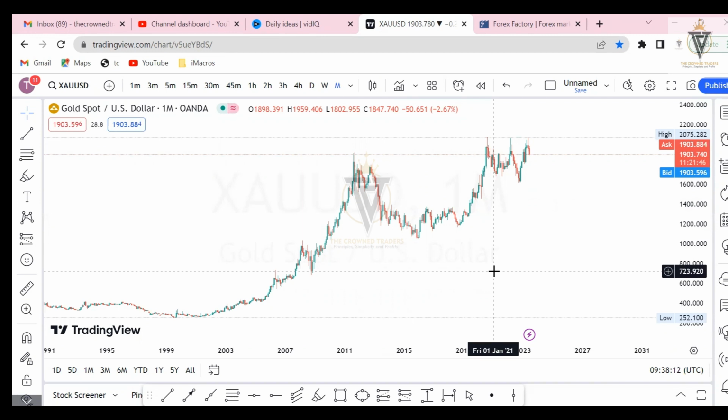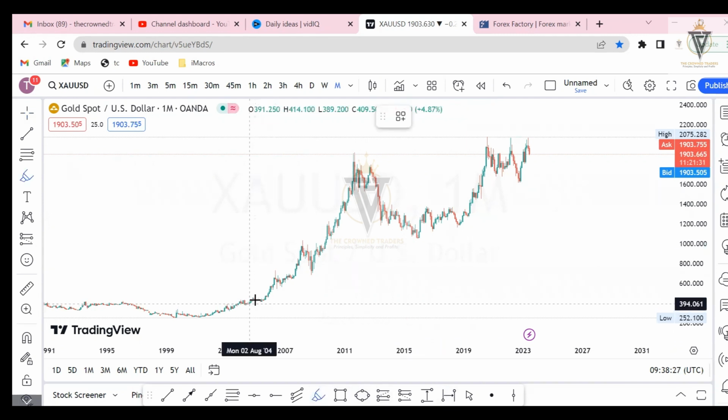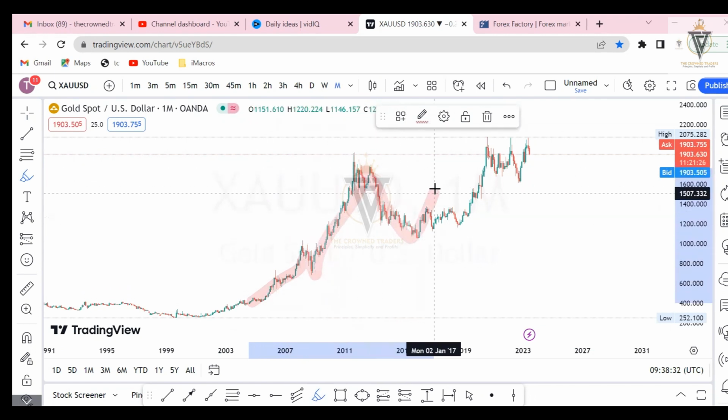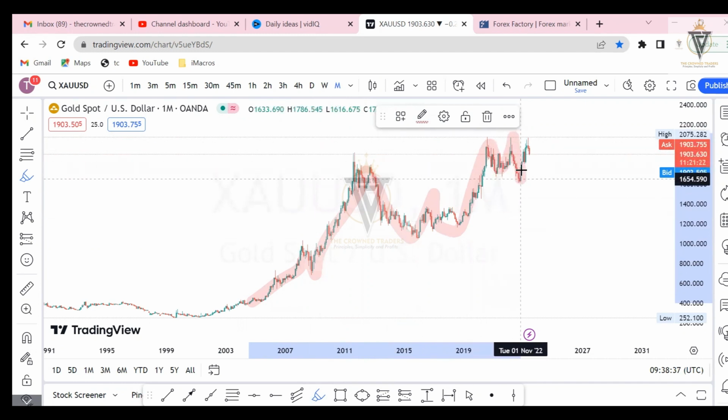Gold basically has been bullish, and the reason is that many people save their funds in gold. Even if it is going to be bearish, it is going to be for a temporary time.